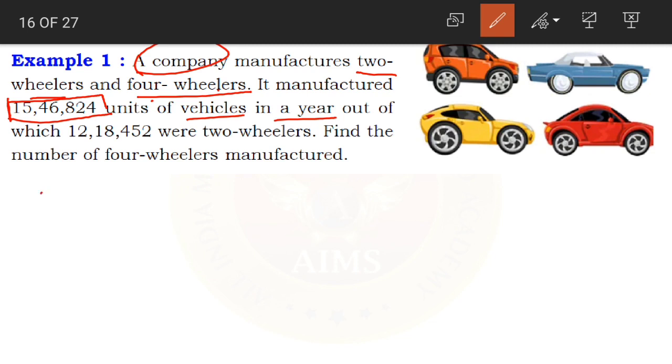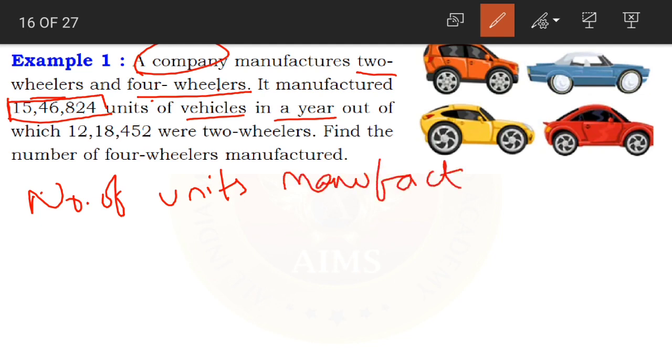Okay, the number of units manufactured in a year is equal to 15,46,824. Okay children, yes, this is our first piece of information.